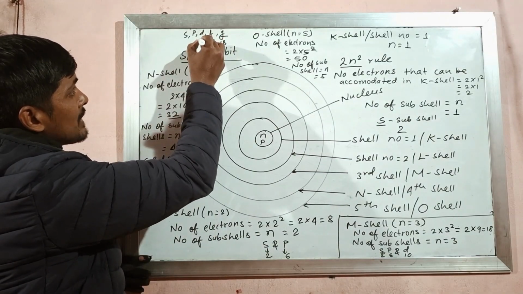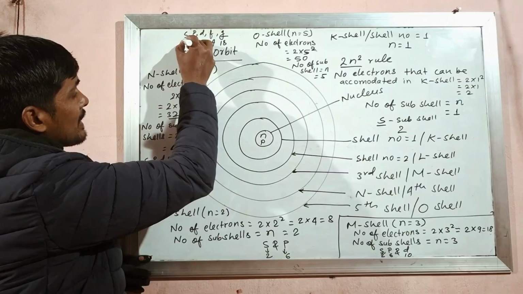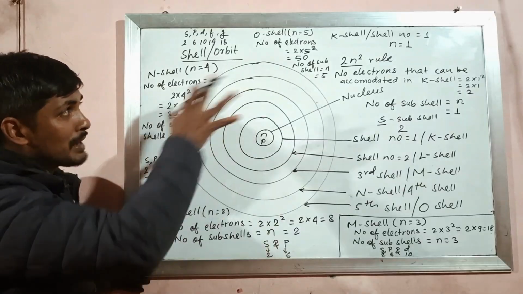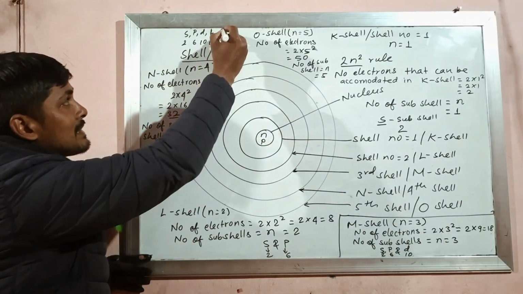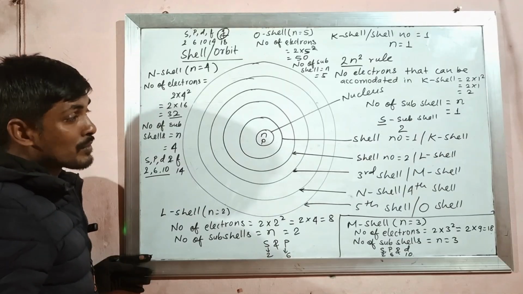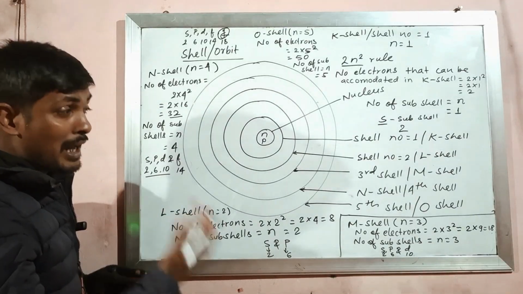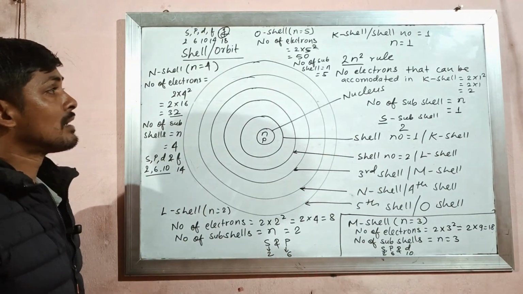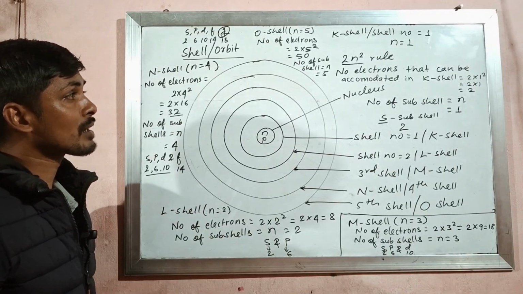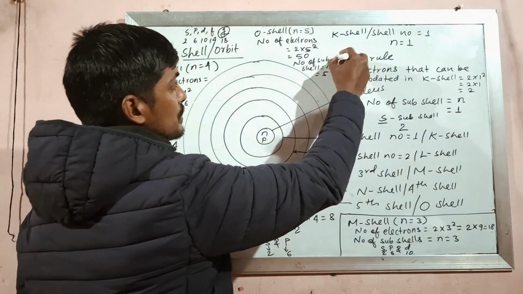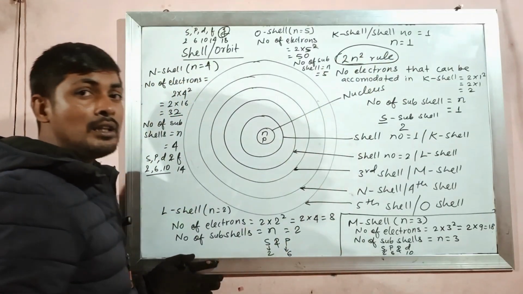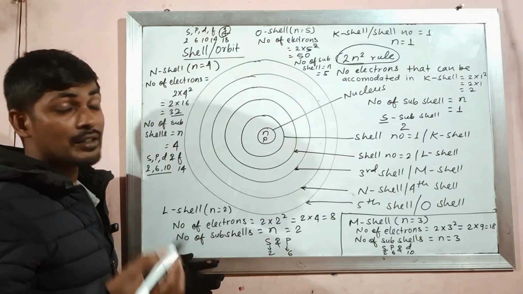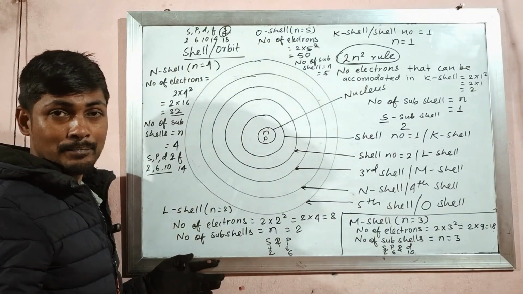F subcell 14, D subcell 10, P subcell 6, and S subcell 2. In this way, if we add them, then we get 50. But in reality, this G subcell does not exist. So we have to remember all these cells, subcells, and their capacity to hold electrons, and we must use this 2n square rule to find the total number of electrons that can be accommodated in any cell.